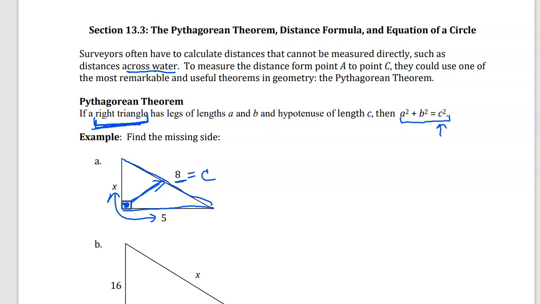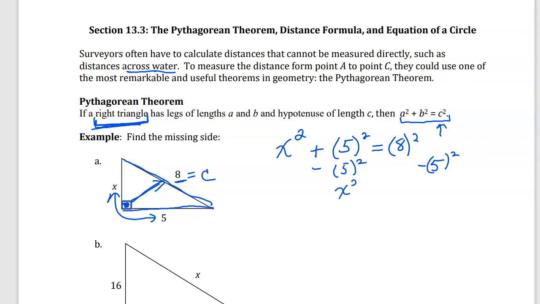So if I set this up, it's going to look like x squared plus 5 squared is equal to 8 squared. Now, if I do a little bit of algebra to solve this for x squared, I can subtract my 5 squared from both sides, because remember, what you do to one side, you have to do to the other side.